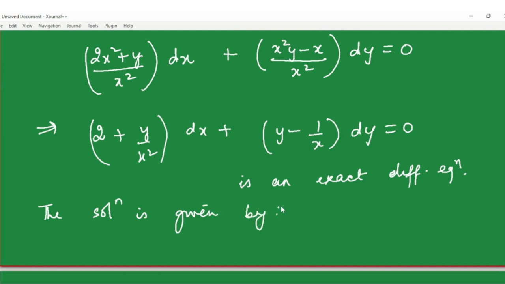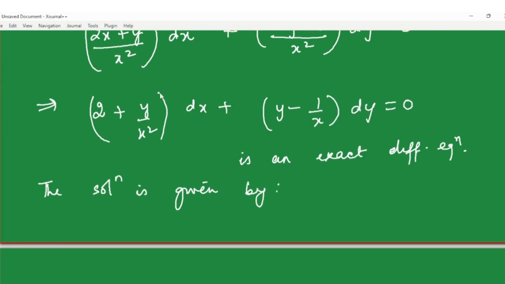we know the procedure of solving exact differential equations. We integrate this with respect to x, treating y as a constant. So the integral of 2 becomes 2x plus y is a constant, and the integral of x to power minus 2 is minus x to power minus 1. So it's minus y by x. And then from here you take terms which are not involving x.